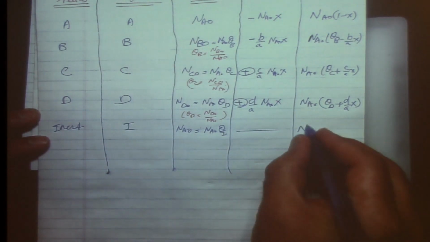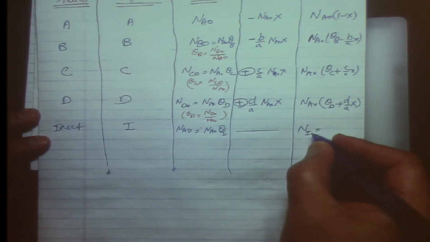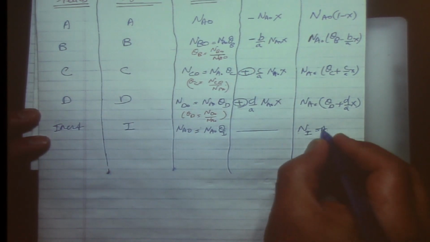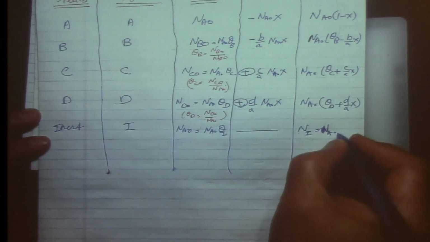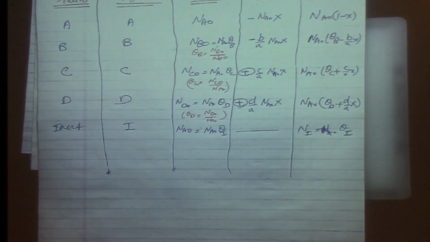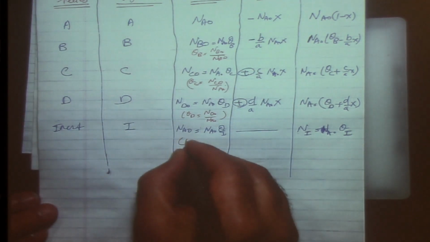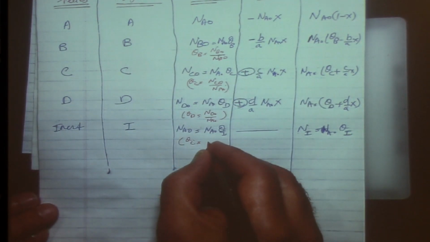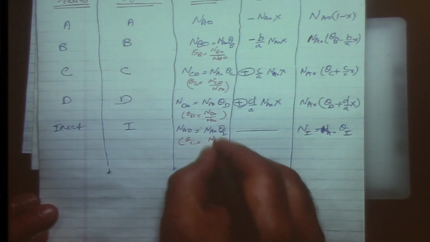And we have the same: NI would be NA0 times theta I. Theta I, just a definition similar to the other ones, would be NI0 over NA0.